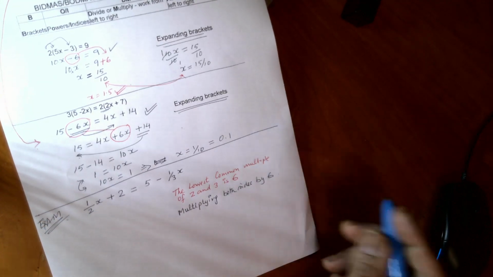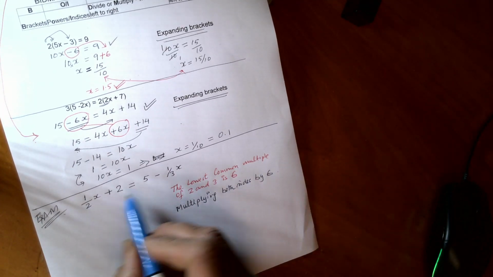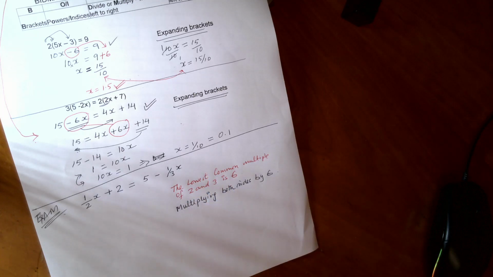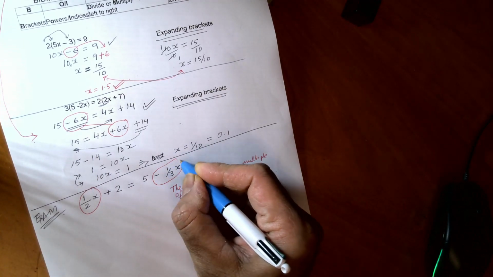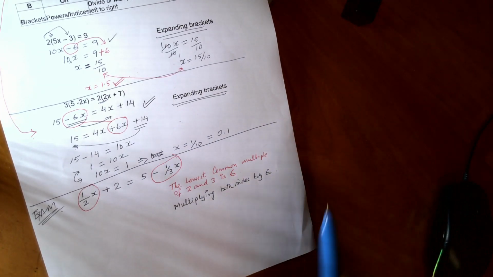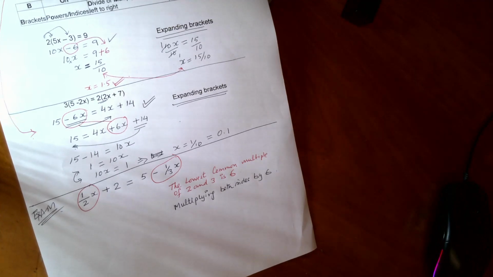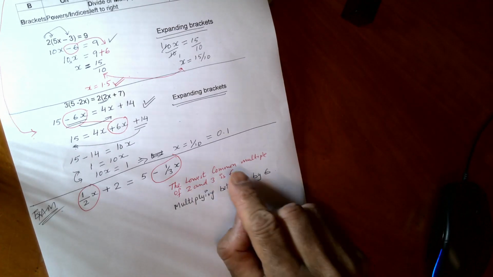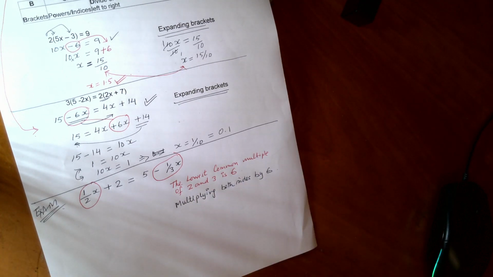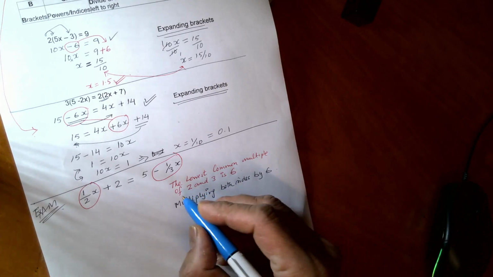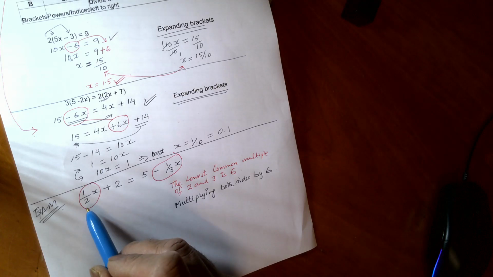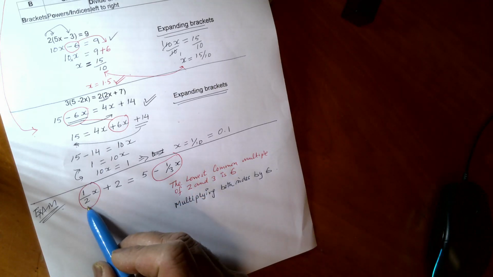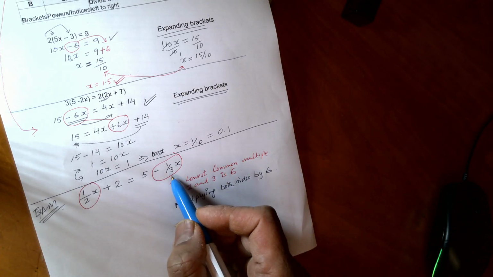You have fractions here and here. So the first step of doing this, we find the lowest common multiple. You must find the lowest common multiple of what? 2 and 3.